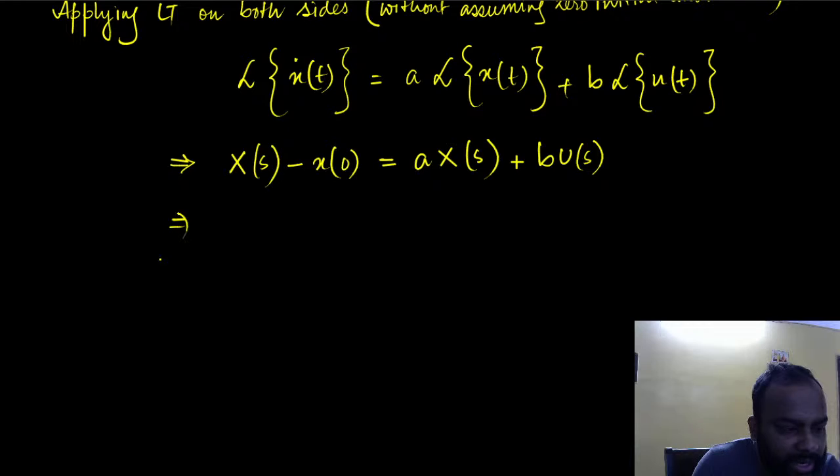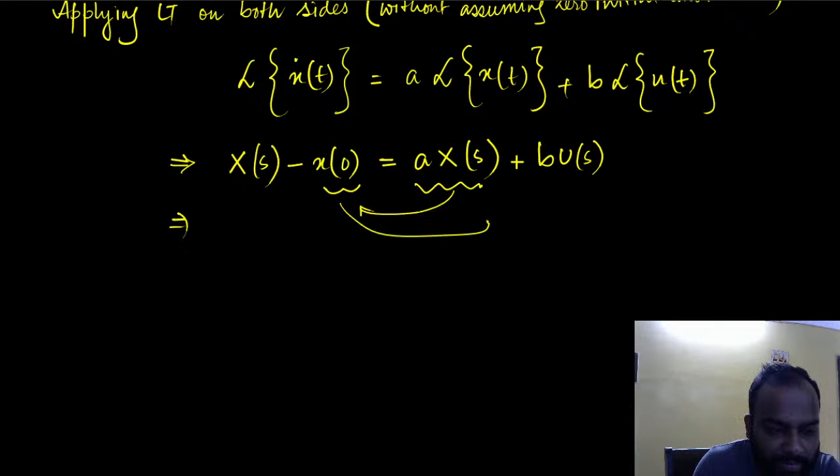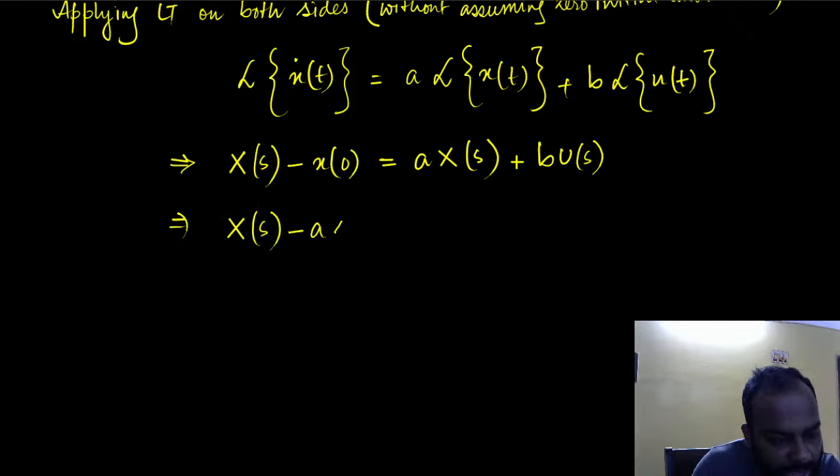So now we are doing certain exchange here. I'm going to bring this to the left hand side and take that to the right hand side. I think that's understandable, so try to follow along properly. I'm writing here X(s) minus a X(s). Again, x is not a vector quantity.